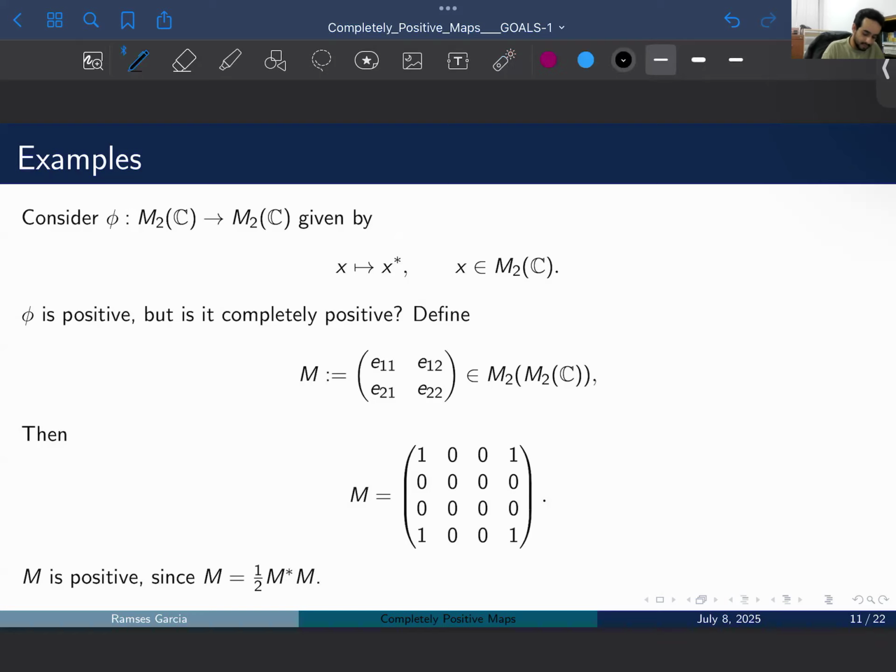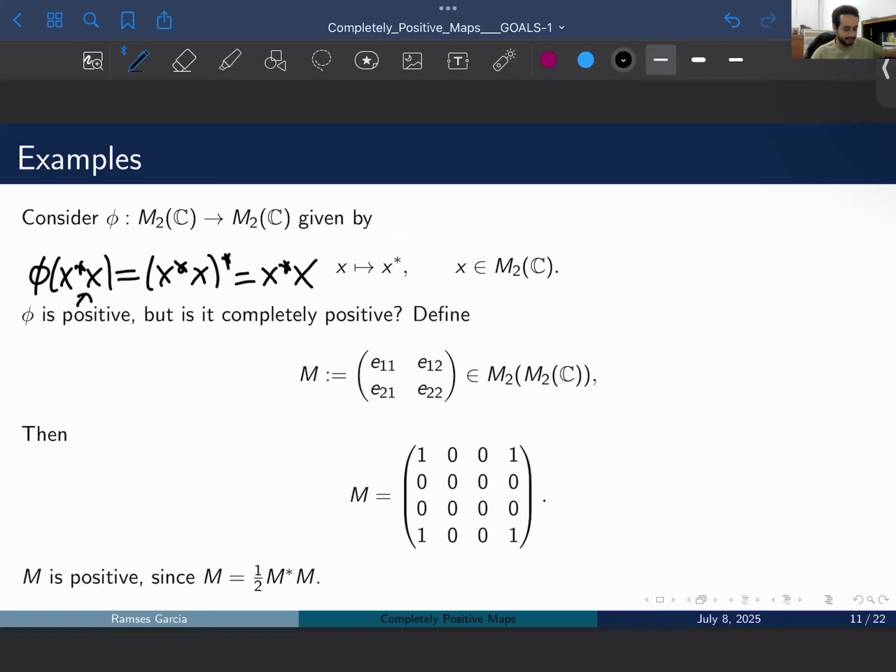This map is positive because if we consider a positive matrix x star x, by definition of phi this is x star x. In fact, phi on the positive elements is the identity.